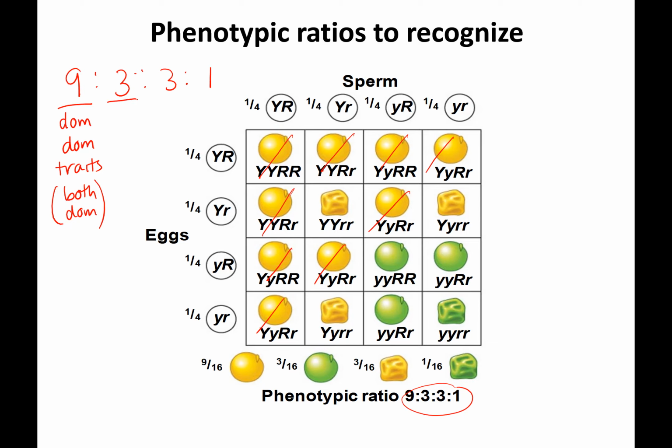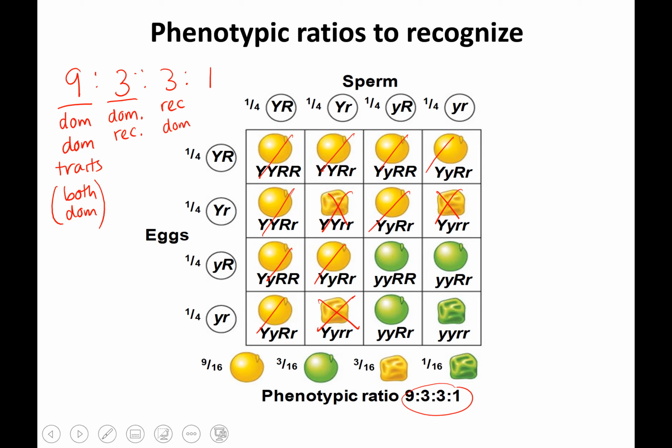The next part of your ratio says 3 of those 16 are going to be showing 1 dominant and 1 recessive trait. So in fact, we have 3 yellow wrinkled. Yellow is the dominant, wrinkled is the recessive. The next 3 says you have just the opposite, the recessive trait and the dominant trait.